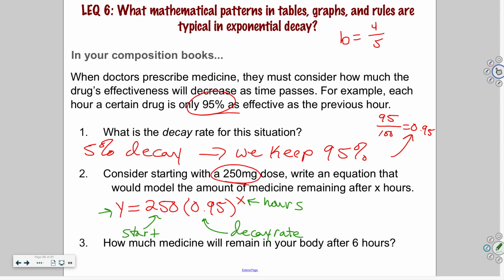Anybody? Okay, that's the amount remaining, right?